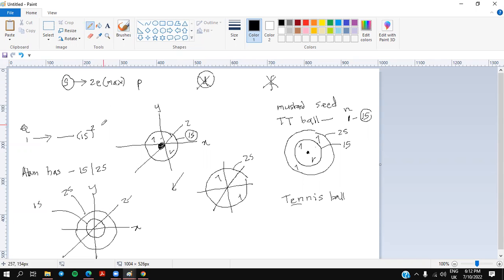So likewise, I can say s orbitals are spherical orbitals.